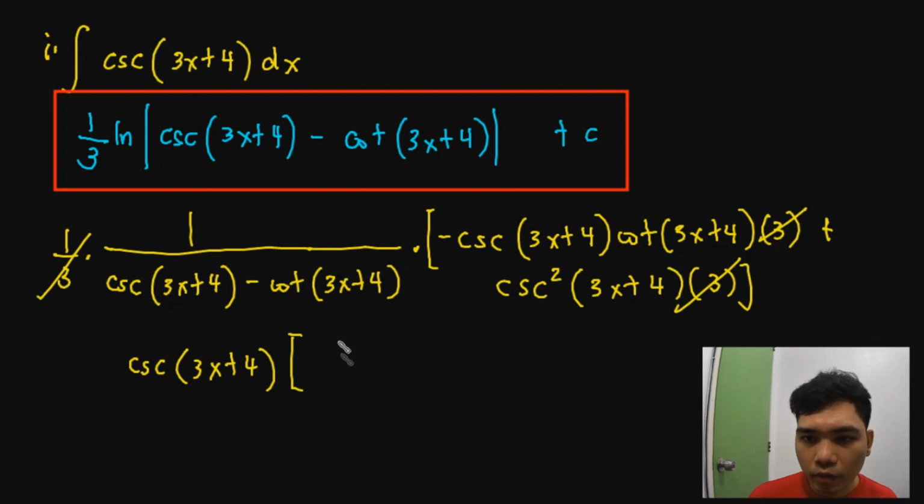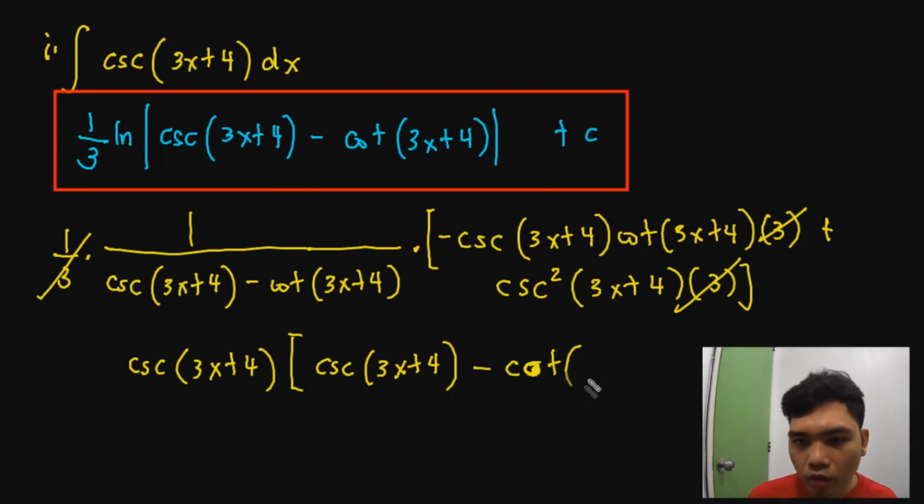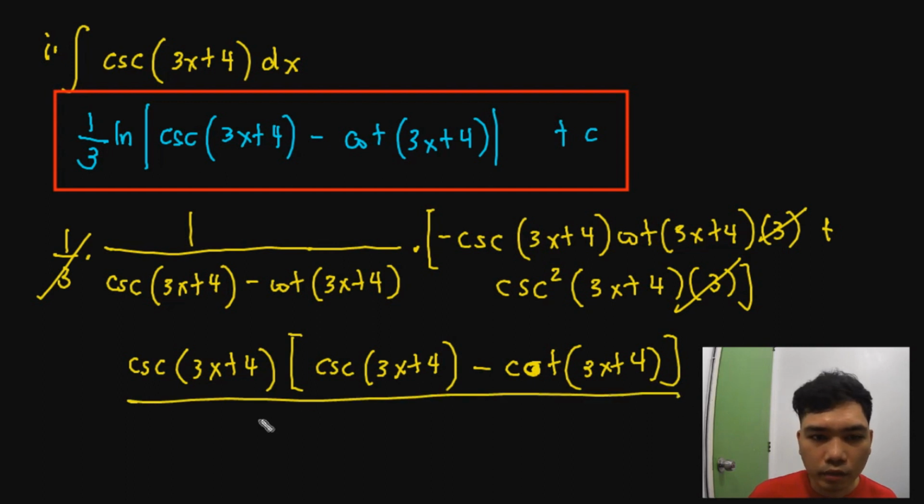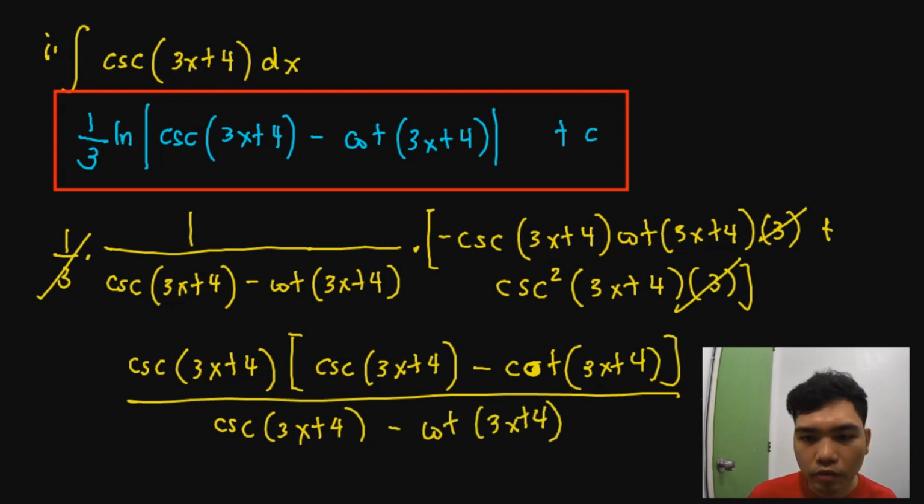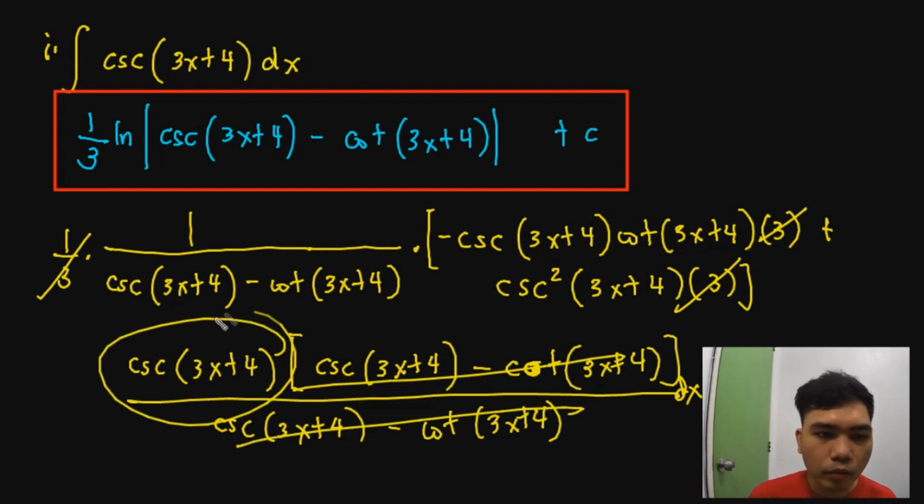So we're left with positive cosecant 3x plus 4, the one that is left from the squared, and then minus cotangent 3x plus 4. Okay, then you divide this by cosecant 3x plus 4 minus cotangent 3x plus 4, and then you add dx. So with this, we can cancel this out, and then we're left with the original integrand for this problem. So that is how it works for this problem.